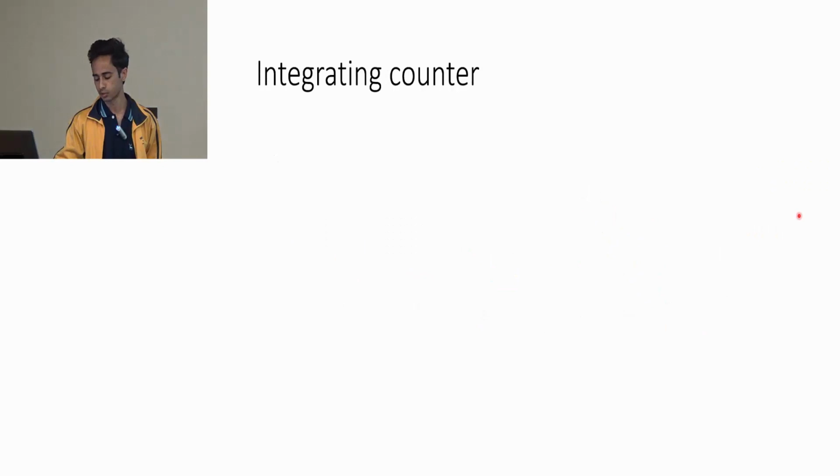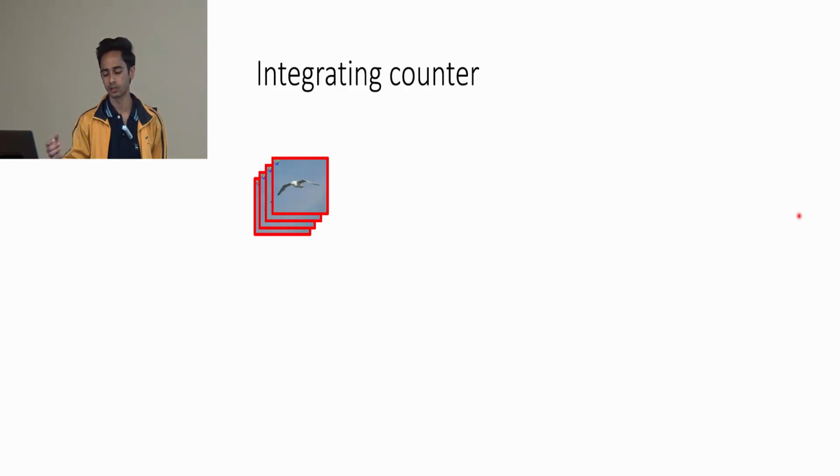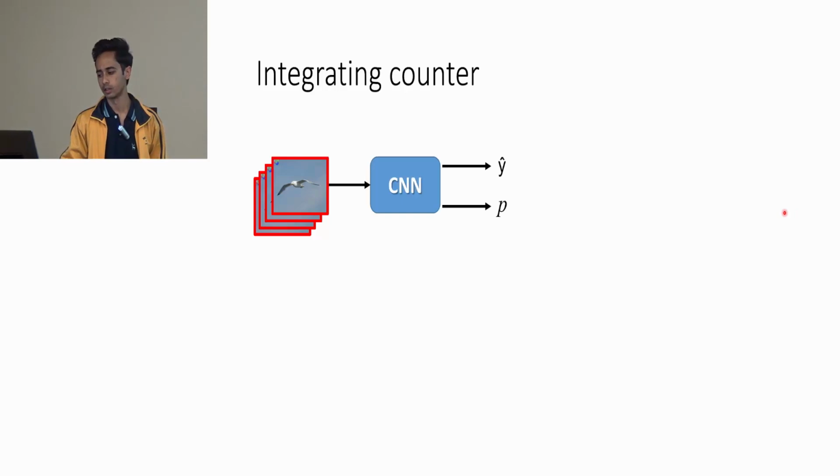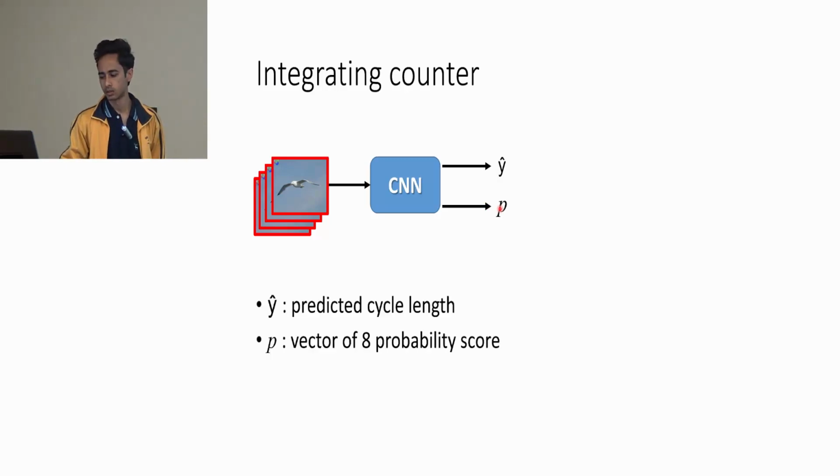Once this convolution network is trained and ready, for testing they take a video block of 20 frames, pass it to the CNN, and they get a y hat, which is the predicted cycle length from this classifier, and p is the vector of 8 prediction scores given by the softmax layer. Since it's a classification problem and they classify between 3 to 10 possible cycle lengths, they don't have a way to determine whether there's actually an action repeating in the given 20 frames.